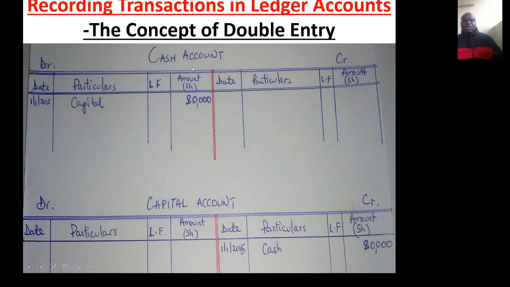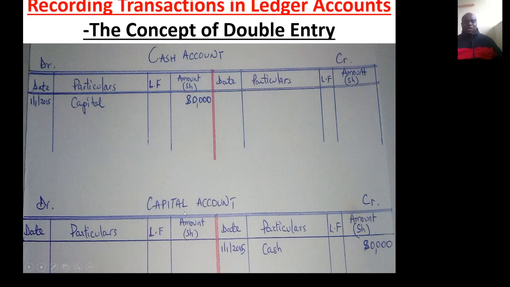Since cash account is an asset account, when it increases, that transaction is recorded on the DR side. We will enter that figure on the DR side, and we name that capital. So the cash account is receiving money in form of capital.